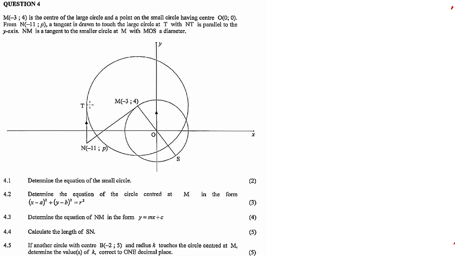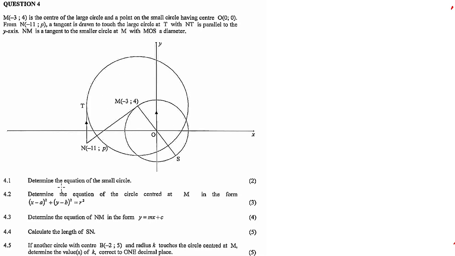So the tangent lies parallel to the y-axis as shown. And NM is a tangent to the smaller circle at M, with MO as a diameter. So there are two tangents: NM is tangent to the small circle, and NT is tangent to the big circle.